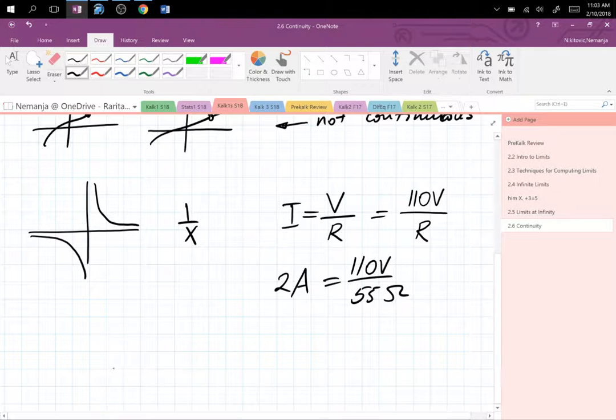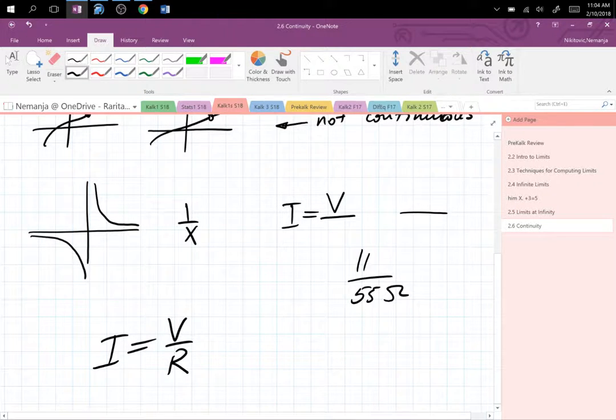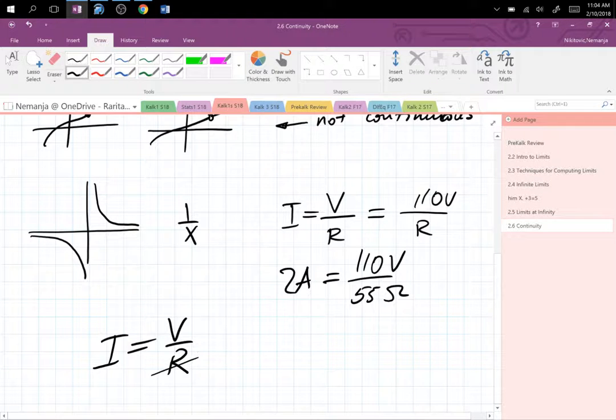Now, if you have the equation 110 divided by R, and this R wants to go to 0, where is I going to go? Really? It's going to infinity. So I equals V over R, and as R goes to 0, I will try to go to infinity.